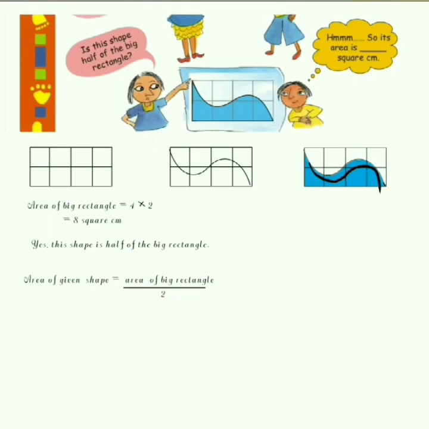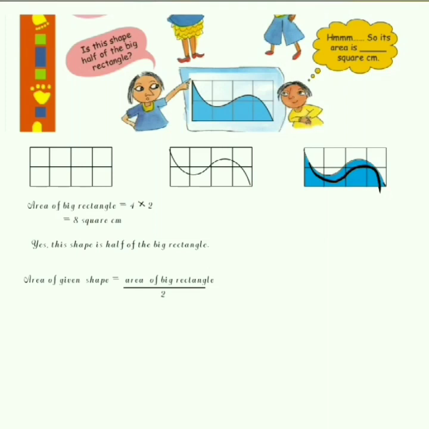Again I want to explain it to you that half means 1 upon 2. We have to multiply it by 1 upon 2. So area of big rectangle multiplied by 1 divided by 2, so our step will be same. We are not going to write multiply by 1 here. So area of big rectangle divided by 2.